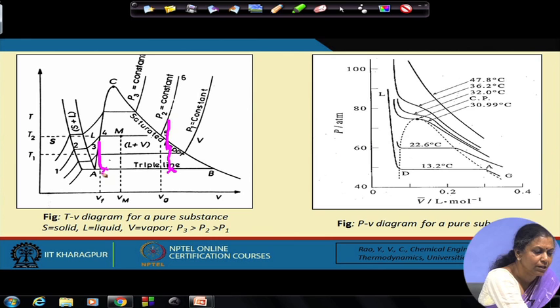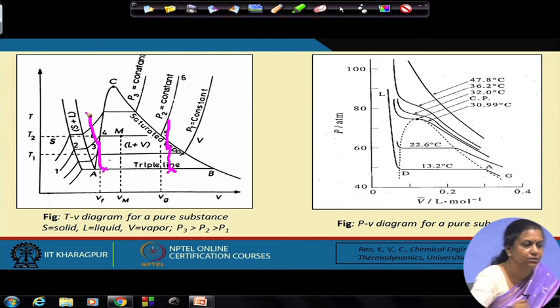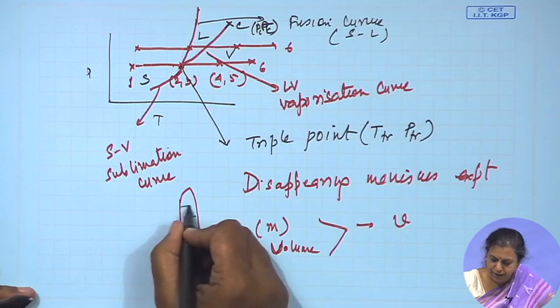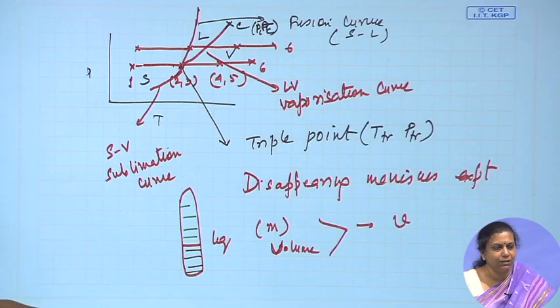You are going from a higher quality line to a lower quality line, and then you keep on shifting quality lines till you reach x equals 0, the saturated liquid curve, and then if you continue the heating, you have entered into the subcooled liquid region. So, in this case, your liquid meniscus keeps on going up, and this continues till finally the whole thing becomes filled up with the liquid.